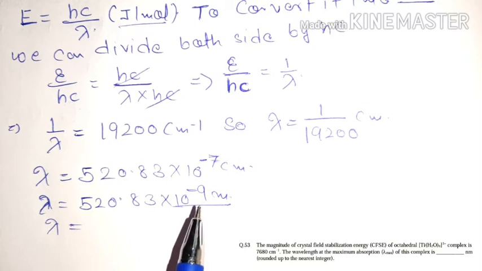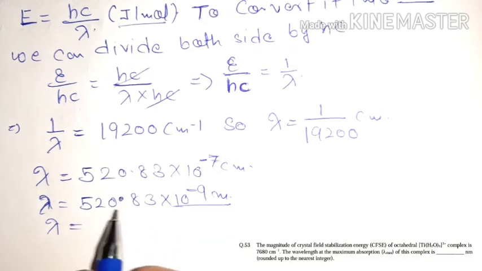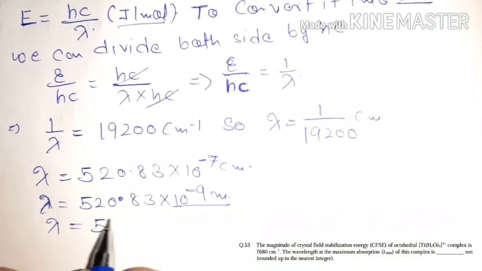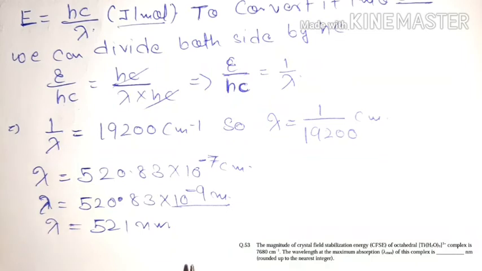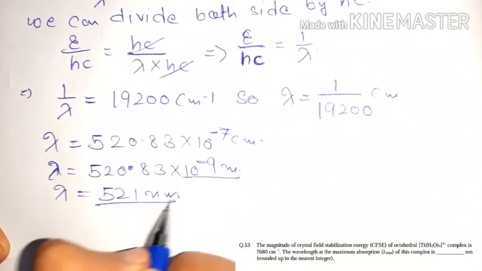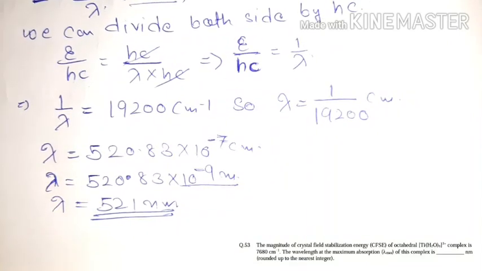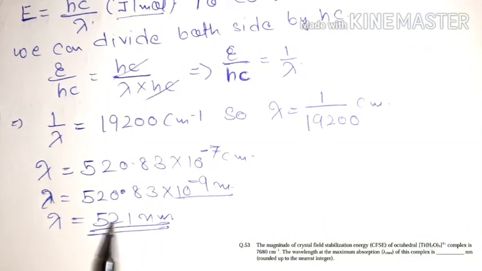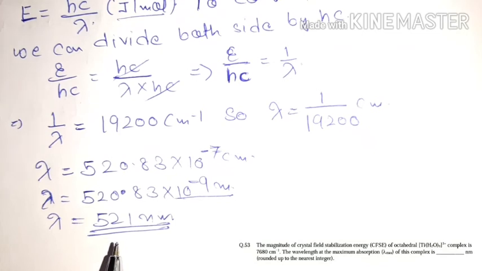And in the question you must put the value rounded up to the nearest integer. So the nearest integer of 520.83 will be 521 nanometer. Understand, friends? Okay, so your answer is 521 nanometer. This is a numerical answer type question, so you can put the value. So your answer is 521 nanometer.